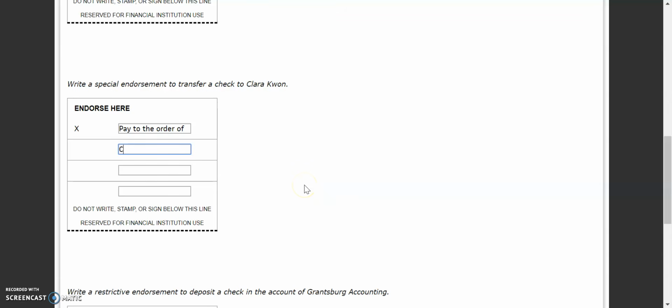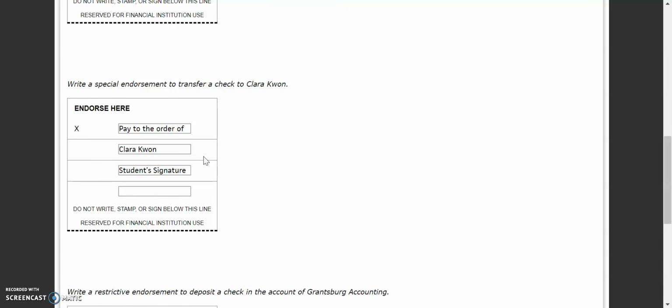So we plug in Clara Kwan's name here. And then we still have to sign our own name, because remember, our name is on the front of the check. So we write student signature here. This says that we are giving this check over to Clara Kwan. That's a special endorsement.